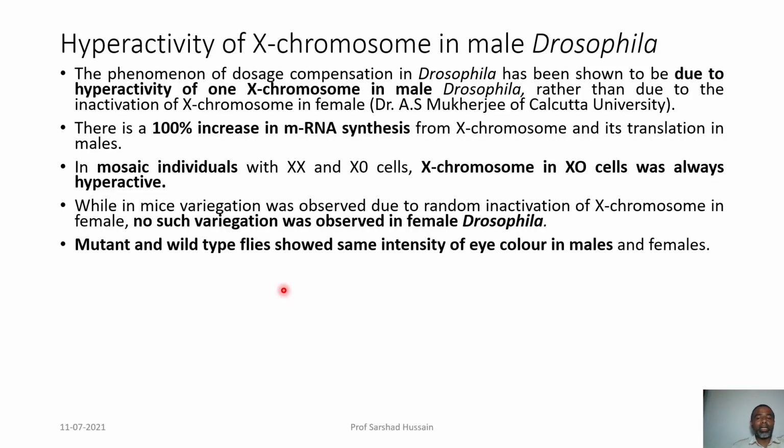So, in both the conditions, the intensity of the eye color was not different among male and female, because the female was having 2 X chromosomes, the male was having 1 X chromosome. But when the male is having, say for example, normal, again it is equivalent to the normal of the female. When the female is having the mutant X chromosome, again its activity is equivalent to the mutant activity of the males.